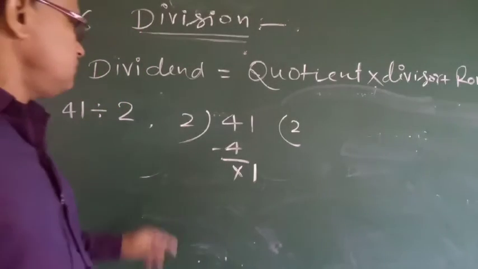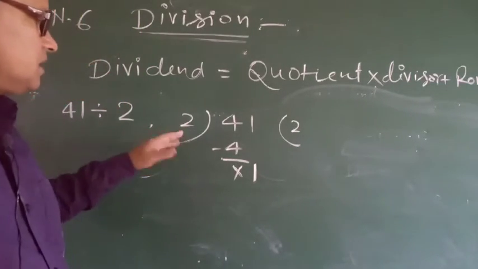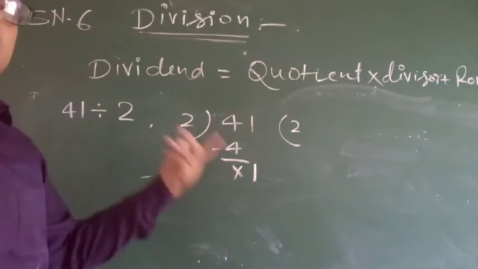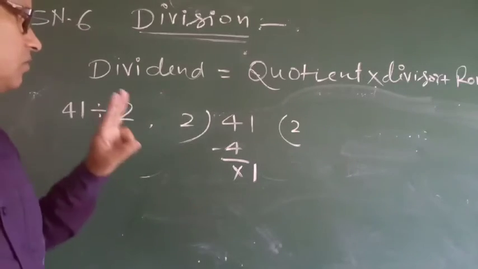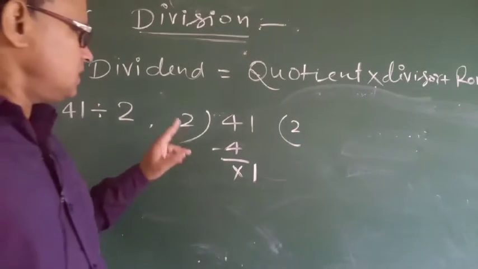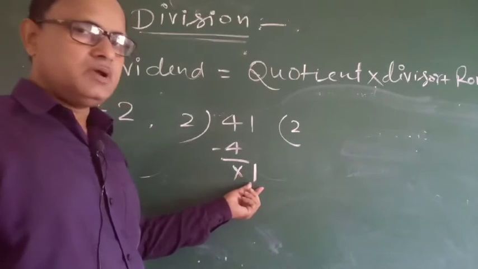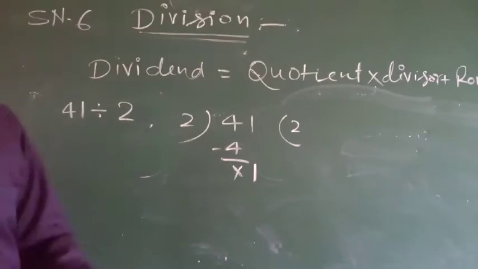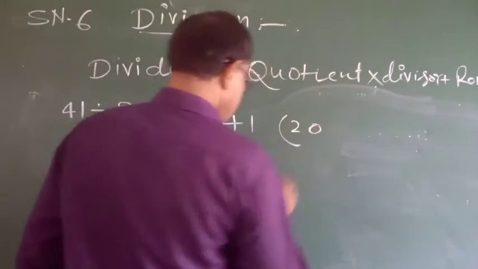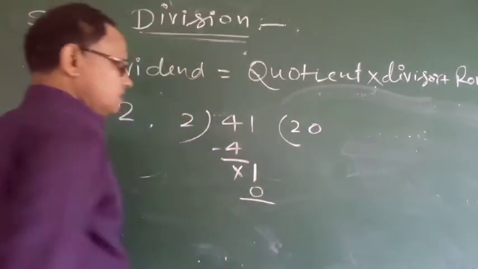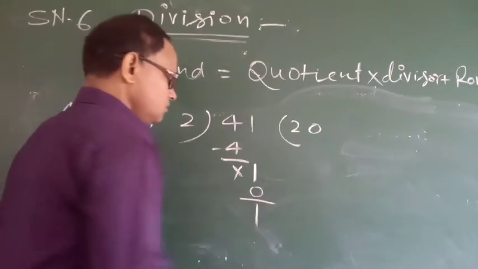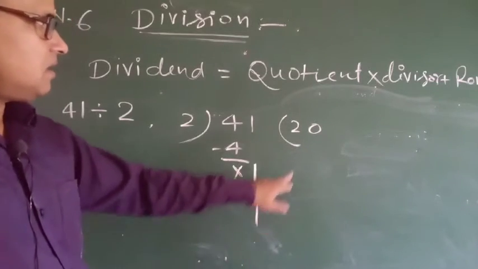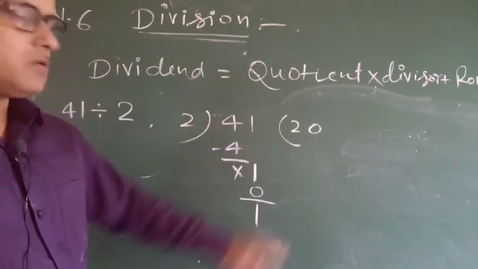Then how many times do we read the table of 2 which is equal to 1 or less than 1? If 1 time, then 2 is more than 1. Okay, then we write table of 0 times. 2 0s are 0. Okay, 1 minus 0 is 1. Here 1 is the remainder and 20 is the quotient.